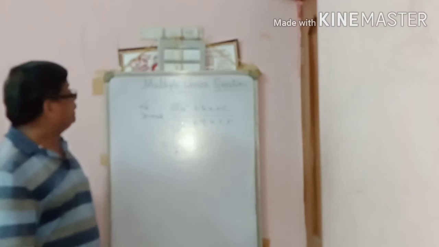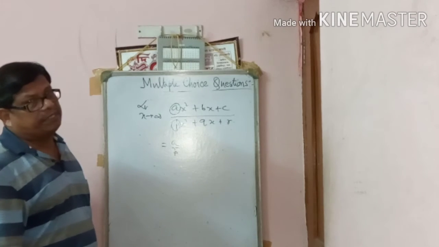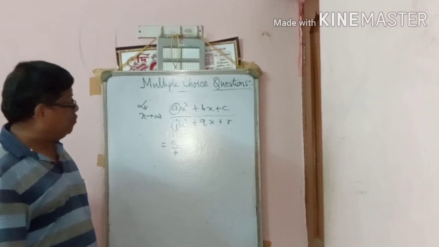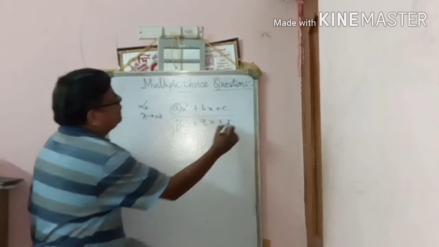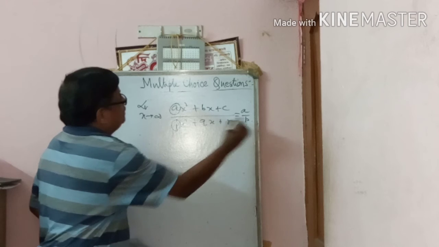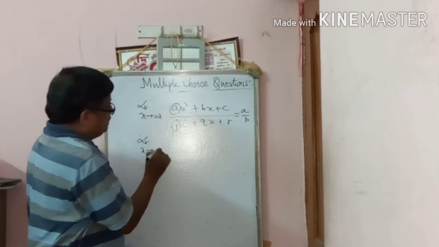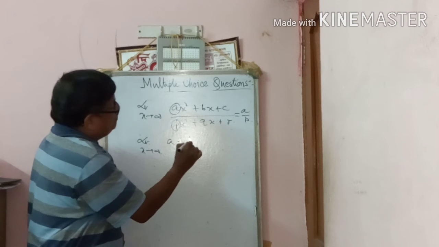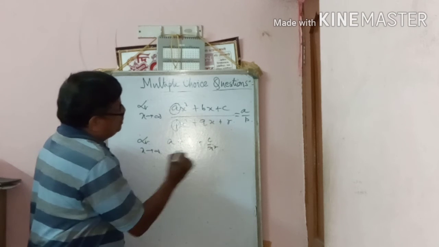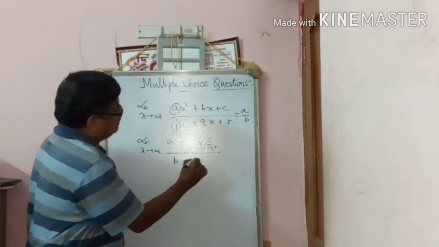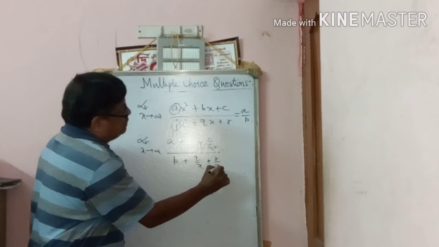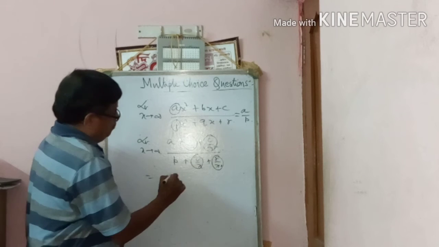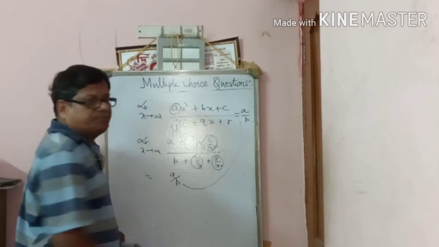How? Here x tends to infinity, both have power x square, so dividing both by x square, we get (a plus b by x plus c by x square) by (p plus q by x plus r by x square), so this part will be 0. So the answer is a by p.